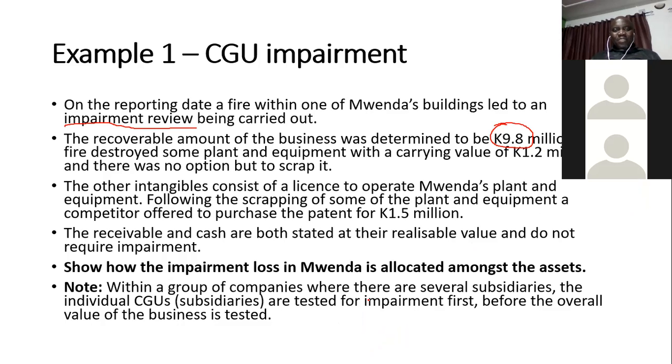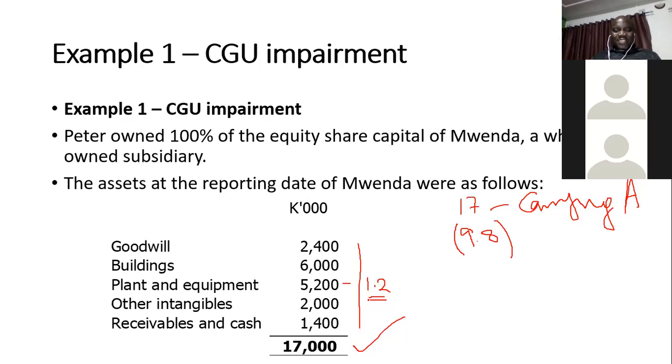The other intangibles consist of a license to operate Mwenda's plant and equipment. Following the scrapping of some of the plant and equipment, a competitor offered to purchase the patent for 1.5. So what it means is that there was also a 0.5 that was gone.